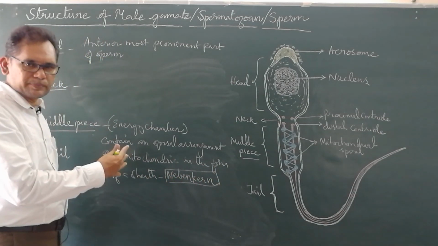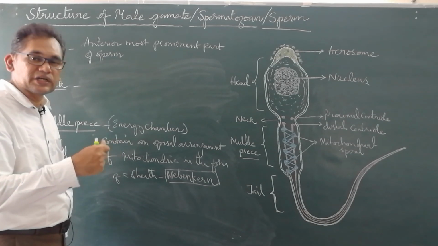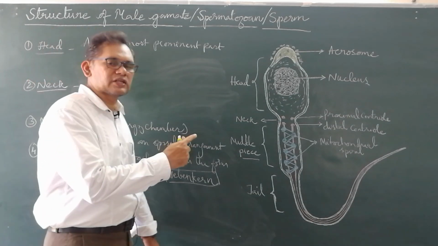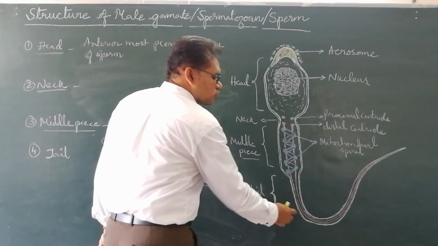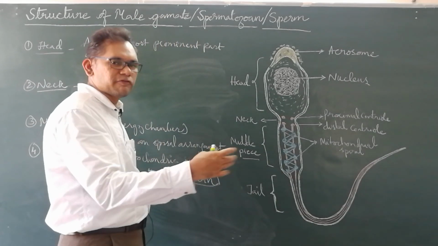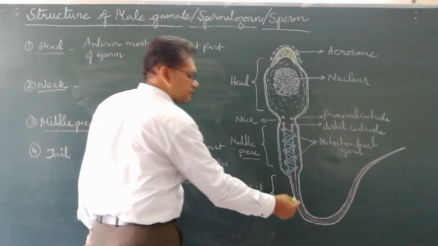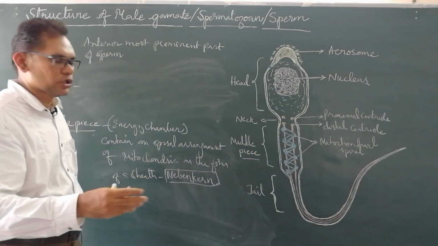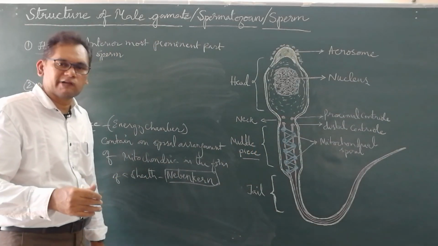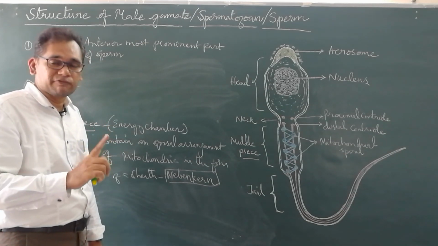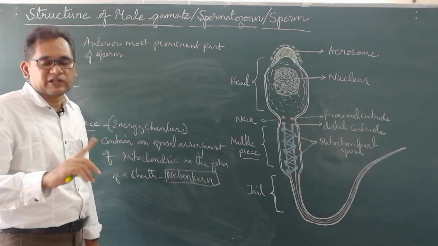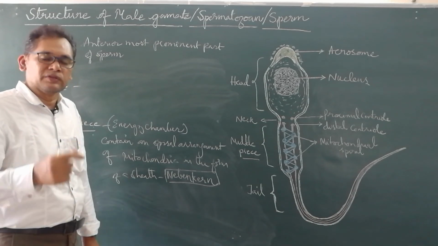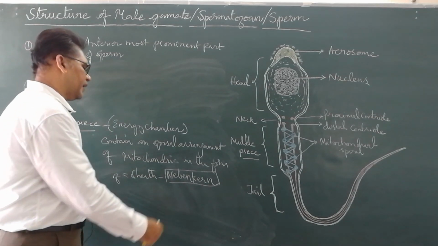It is the energy chamber because it provides energy for the swimming movement of the sperm. The tail shows flagellar movement, swimming movement. For the movement of this tail, the energy is generated by the middle piece, which consists of a large number of mitochondria arranged in the form of a spiral. That spiral arrangement of mitochondria in the form of a sheath is called the Nebenkern.